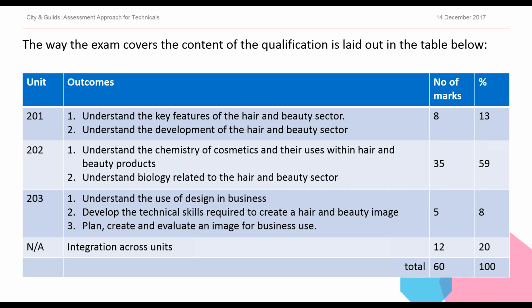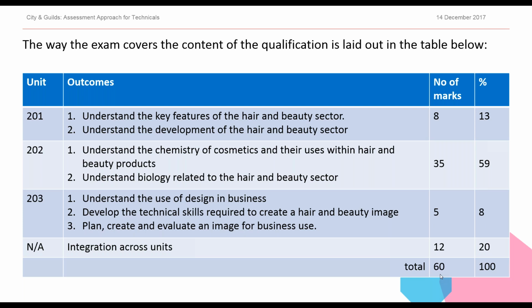So, the way the exam is going to be laid out, it's going to cover across the 3 units, but each one is going to be weighted slightly differently. So on Unit 201, it will be on understanding the key features of the hair and beauty sector and understanding the development of the hair and beauty sector.